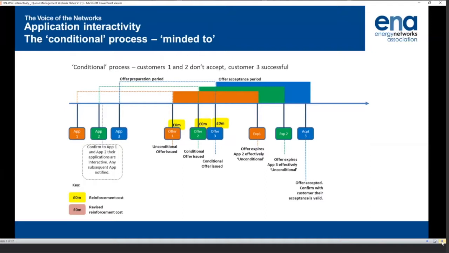So potentially customer 2 might have to wait nearly 30 days until they know the outcome, if customer 2 accepts very early on, which is a potential downside to this with a moratorium period. Whilst you don't get so long to consider your offer, you do get the turn through a bit quicker. But we thought on balance that having that 30 days is probably beneficial for customers.